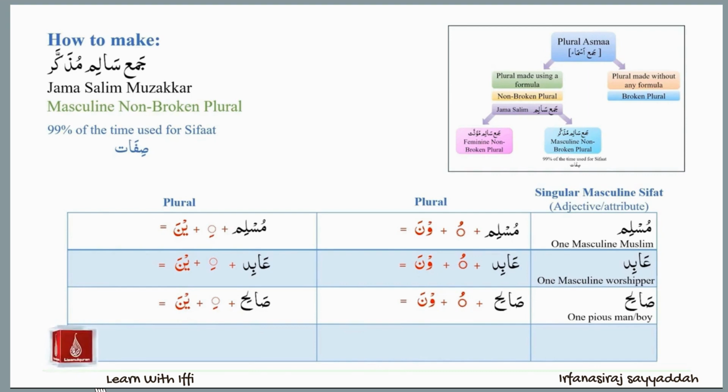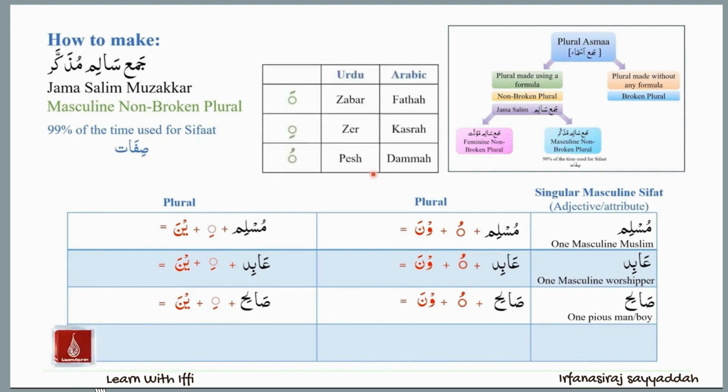For the students who are not very familiar with zair, zabar and pesh, I have included this chart for reference. This symbol is called zabar in Urdu and also called fatha in Arabic. This symbol is called zair in Urdu and kasra in Arabic, and this symbol is called pesh in Urdu and damma in Arabic.